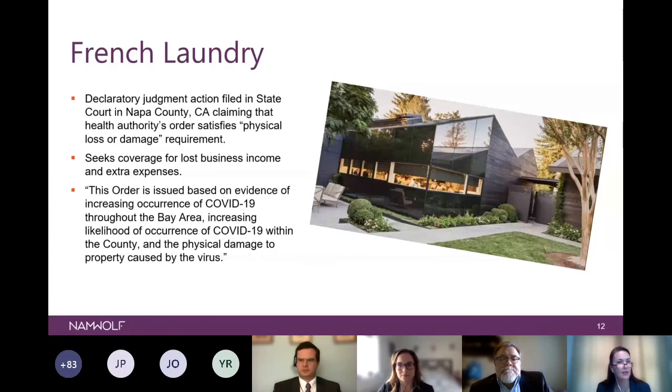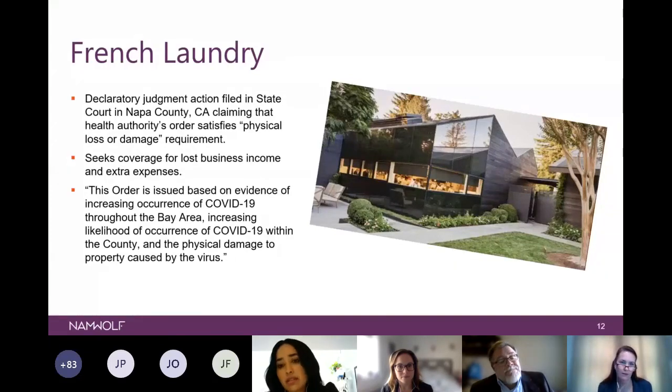Joe or Jolie, do you have any thoughts? You know, I was just going to add, not only are the facts important, but also, we talked about this a little bit, it's going to depend on the choice of law. We have these insurance policies that are being issued in certain states, but that doesn't necessarily mean that that state's law is going to apply.